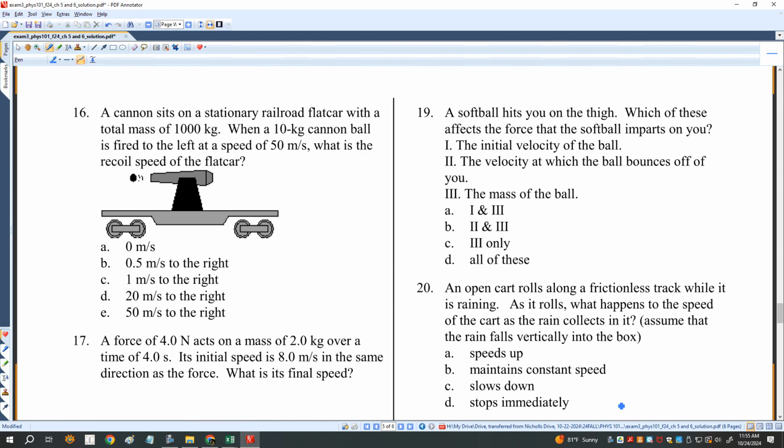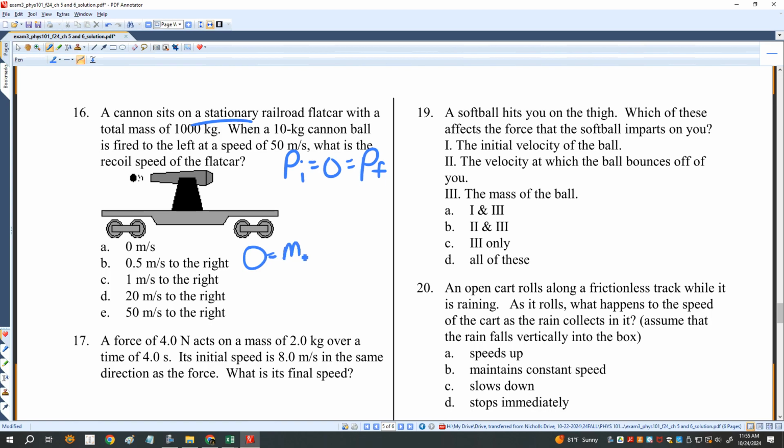This also was straight from the concept test. I have an initial momentum of 0 because it's sitting there on a stationary cart. And the final momentum is also going to equal 0. So I can say that 0, the initial momentum, is going to be equal to the final momentum, which is going to include 2 parts.